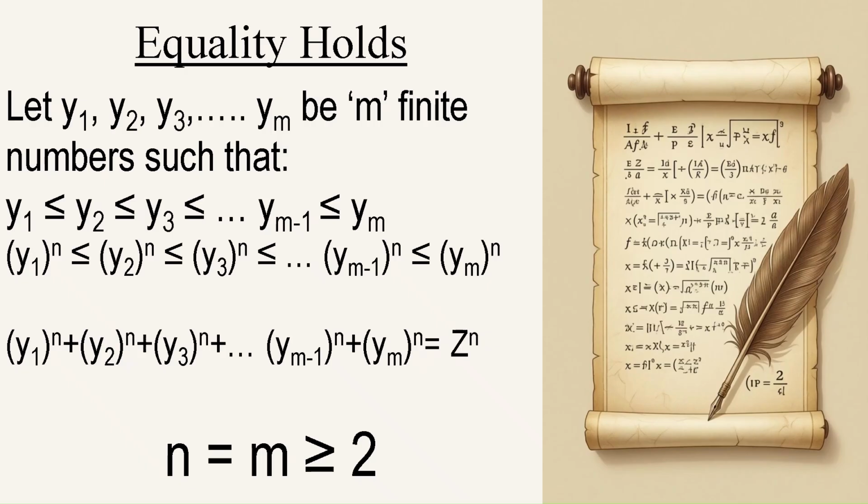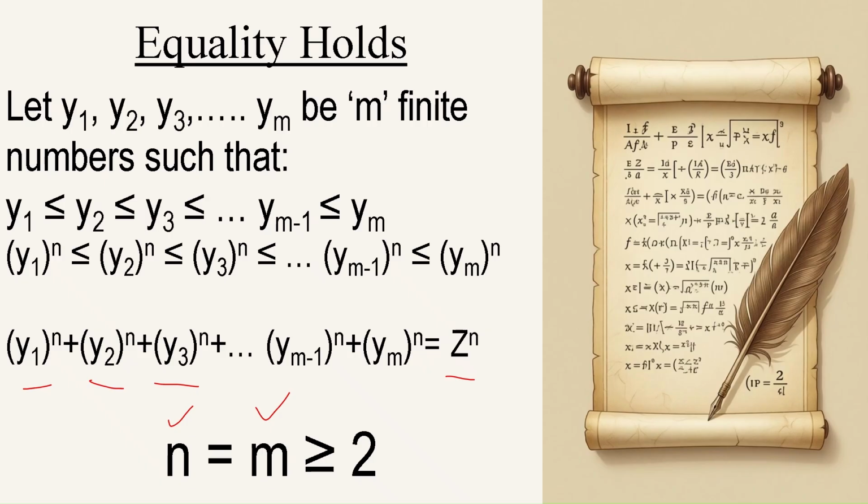The powers also remain under the same inequality. Now here we see y1 raised to the power n plus y2 raised to the power n plus y3 raised to the power n, and so on, is equal to z raised to the power n. Here n is equal to m and both are greater than or equal to 2.